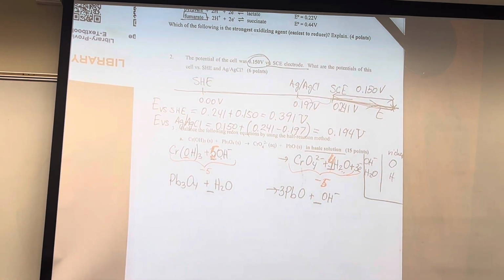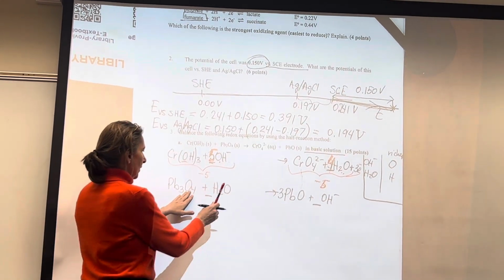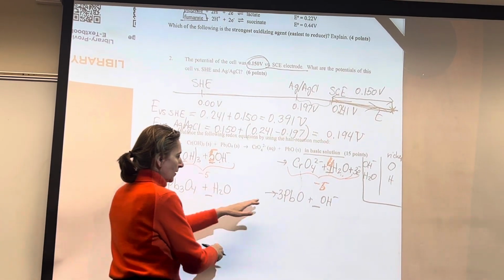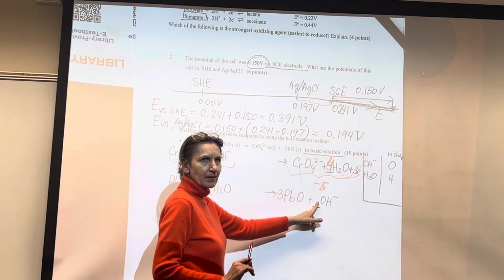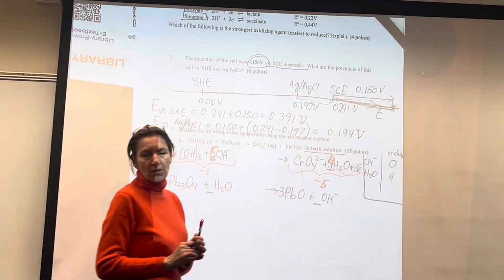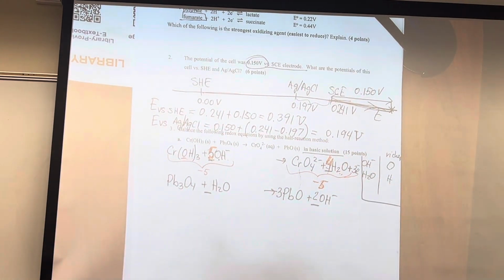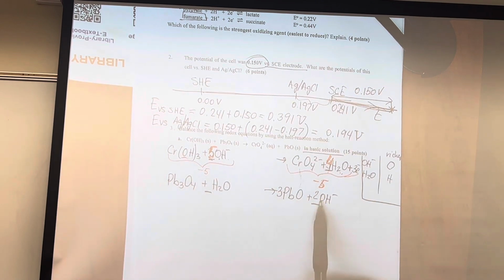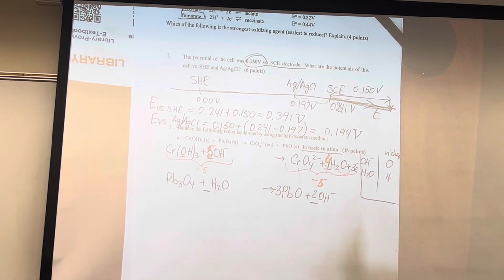Let's see what we have. 3 leads, 4, 5 oxygens, 3, maybe 2, maybe. Let's see if it's working, if it's 2. If we put 2 here, we are good with oxygen. Let's look at hydrogen. 2 hydrogens and 2 hydrogens. This one was easier.